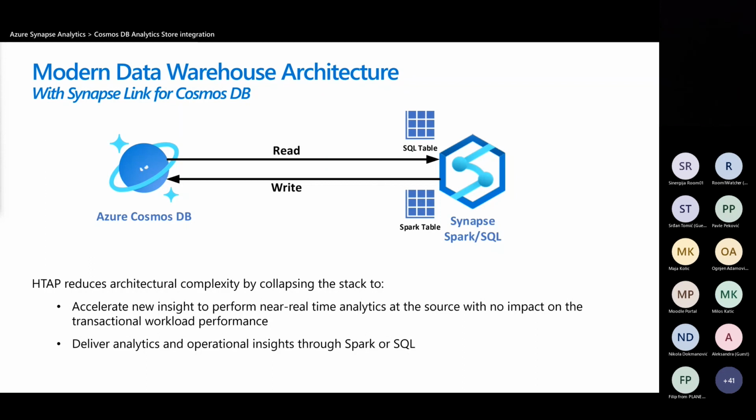So using this modern data warehouse architecture with Synapse Link, you can read and write operational data coming into your Azure Cosmos DB for SQL, using SQL tables or Spark tables, and manipulate and handle it with the Spark functionality.